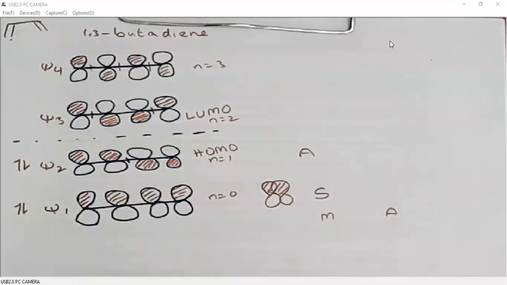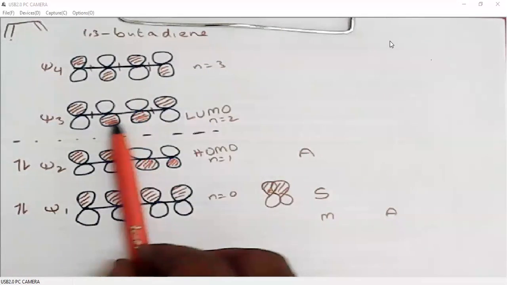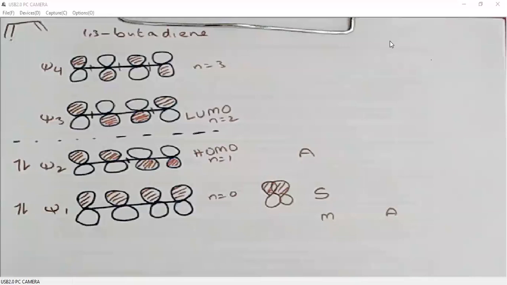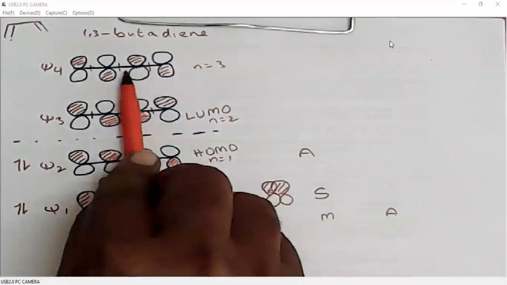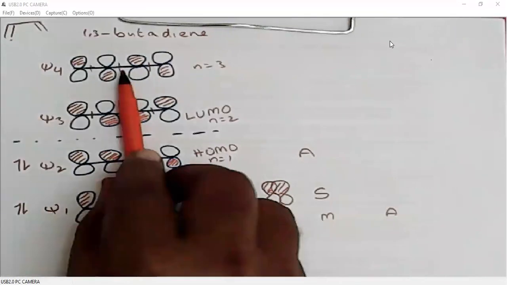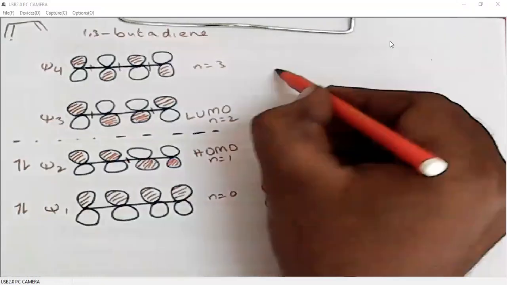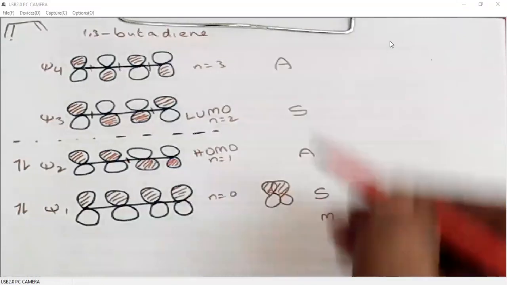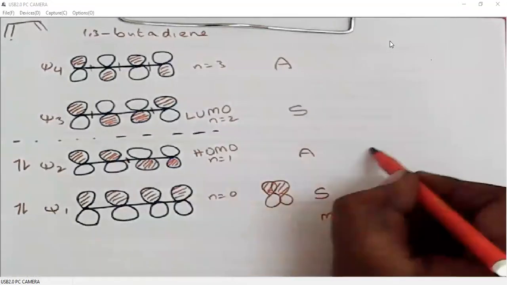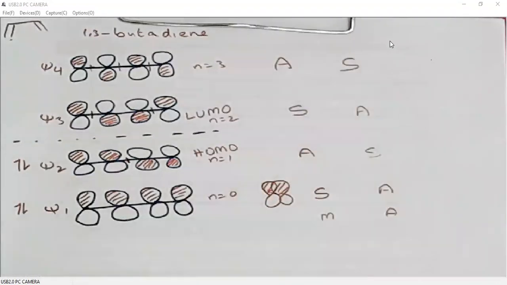Similarly, this positive orbital and this positive orbital represent the same, so this side and that side are the same, so it is symmetric. With respect to the axis, it becomes asymmetric, symmetric, asymmetric, symmetric. Please take the notes.